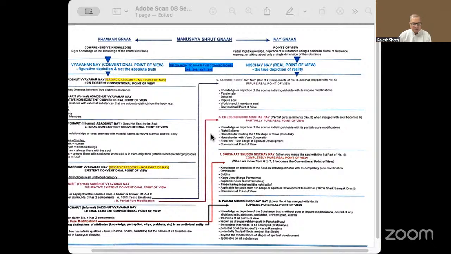And describing it from the point of view of Shaik Bhav makes it only Anant. That is why it negates number 7, Sakshat Suddh Nischay, completely pure real point of view, and establishes oneness with the pure substance which remains constant through all times.